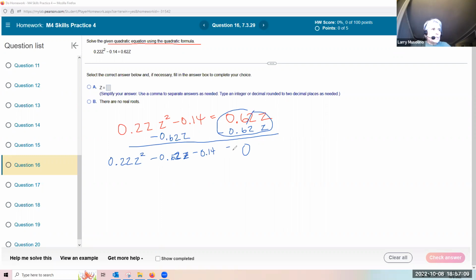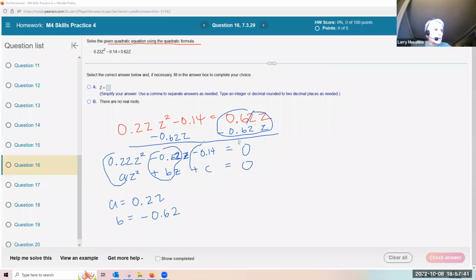Well, I'm going to compare this to ax squared. Of course, here we're using z squared, in fact, let me write it with z squared. I guess that's going to be better. So instead of using x, we'll use z. So it's going to be az squared plus bz plus c equals 0. All right, well, I'm noticing a matches up to 0.22. B matches up to this number negative 0.62.